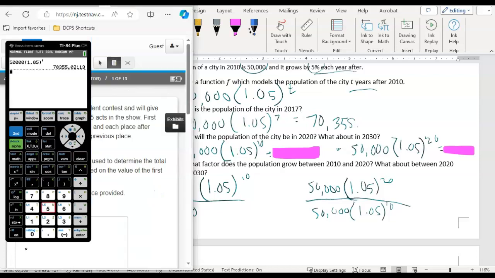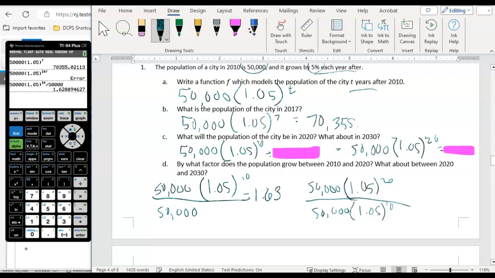And so when you do that, let's go ahead and do that here. 50,000 times 1.05 to the power of 10, divided by 50,000, which was our original amount in 2010, will give us 1.63, we'll round to.